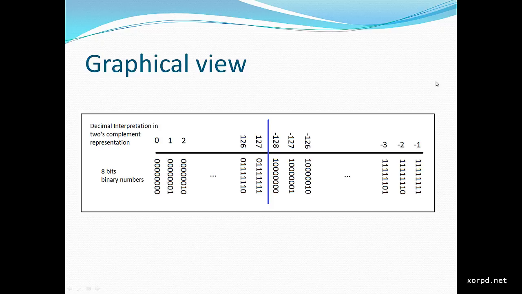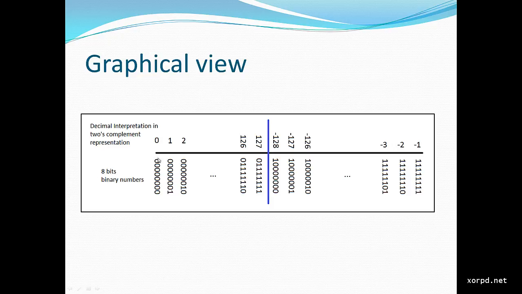Here is a graphical view of the numbers, the decimal interpretation in 2's complement representation. What are we actually looking at here? In the lowest row, we can see all the possible 8 bits binary numbers.